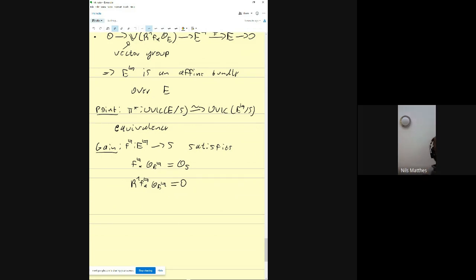And this implies in turn that you can again define a canonical fiber functor on the universal vector extension in exactly the same way as before.